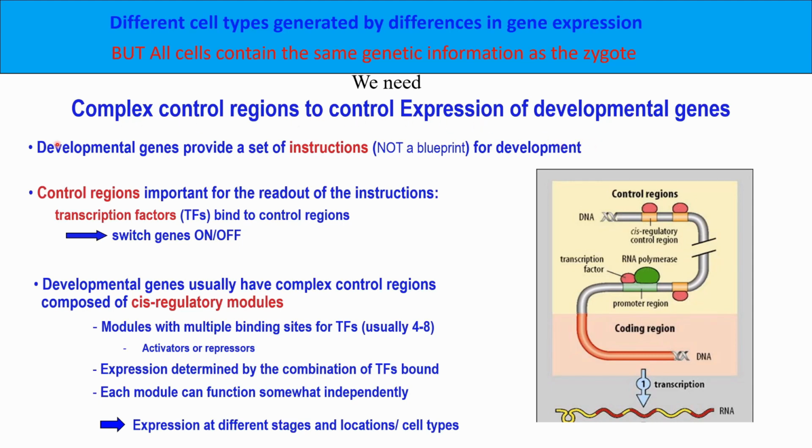It's often said that developmental genes provide a set of instructions, not a blueprint for development. So what does this mean? Well, if it was a blueprint, it would say in your DNA how tall you will be, how long your arm will be, and it does not contain that detailed information.